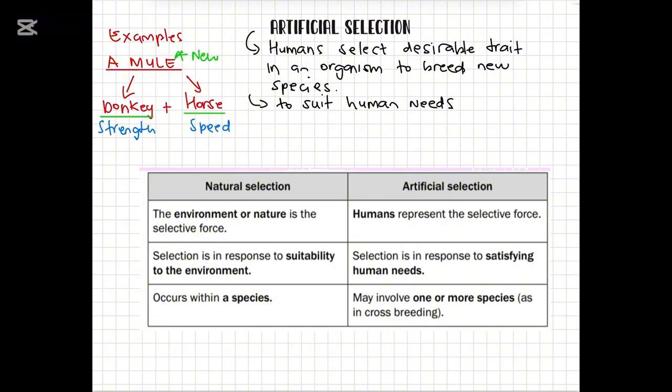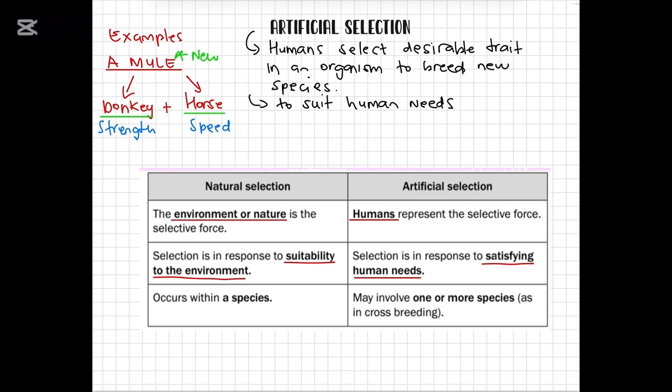Let's compare the two. Through natural selection, the environment selects, while with artificial selection, humans are the selective force. At the very same time, through natural selection, nature selects because of environmental suitability to suit the changes in the environment, while with artificial selection, it is to satisfy human needs.